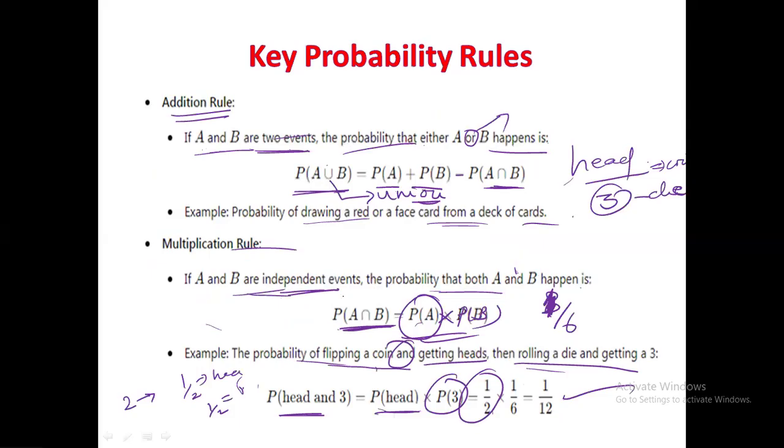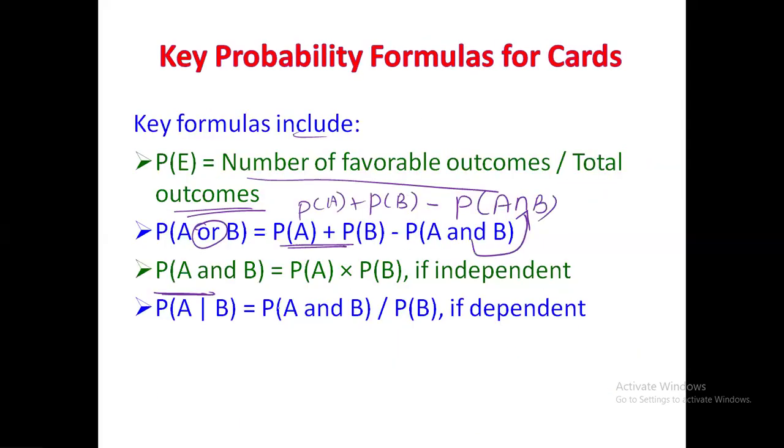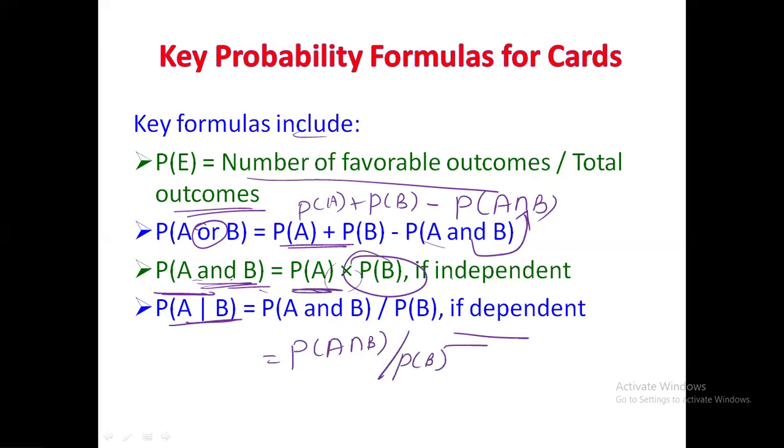For independent events, we write probability of A and B is equal to probability of A times probability of B, only multiplication. Then probability of A given B is equal to probability of A intersection B divided by probability of B if it is dependent.